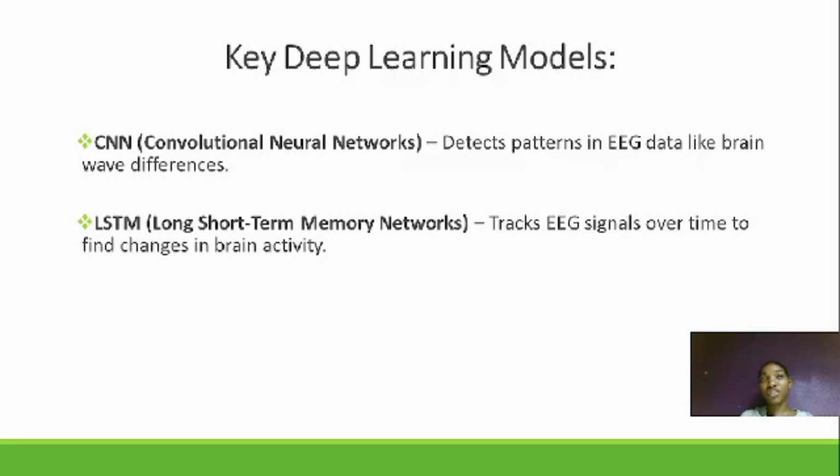So yeah, and then there is the long short-term memory network that can track the EEG signals over time to find changes in the brain activity. This one is a kind of recurrent neural network.